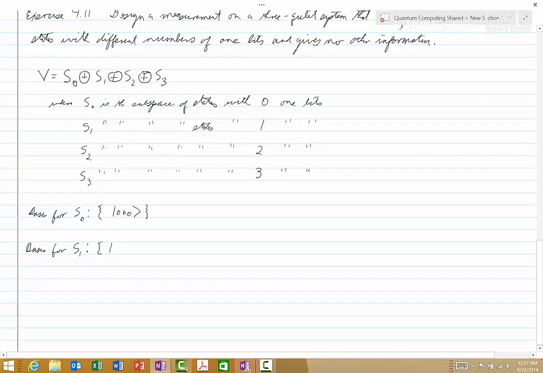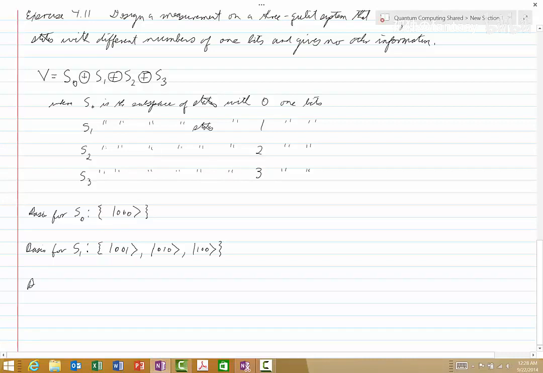Well, this will contain 3 states. 0, 0, and the solitary 1 could be in the third qubit, or it could be in the second qubit, or it could be in the first qubit. So that's a basis for S1.